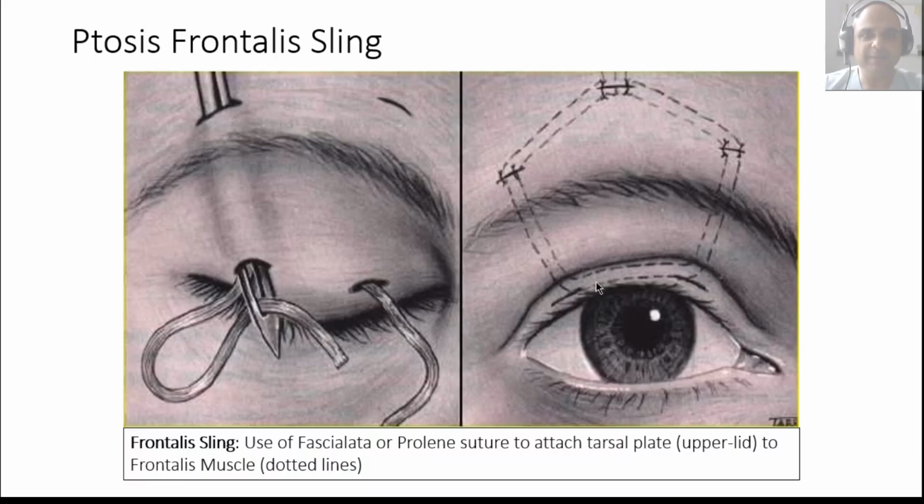And this path right here where the cursor is, through the tarsal plate, you move it out into the subcutaneous tissue of the lid to the forehead, bring it back to where you started from and tie it together here, so that now when the frontalis contracts, it can exert its mechanical force on the eyelid through this suture tract that has been created.